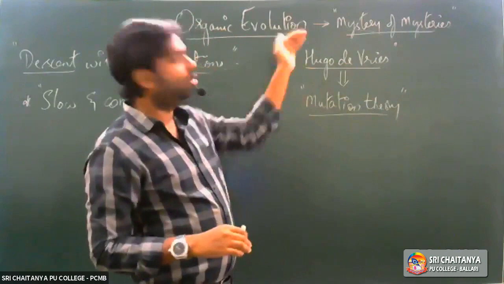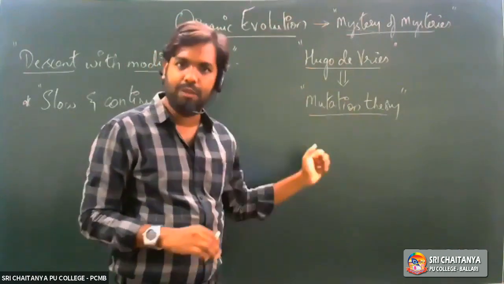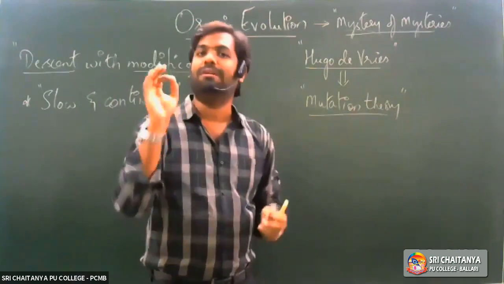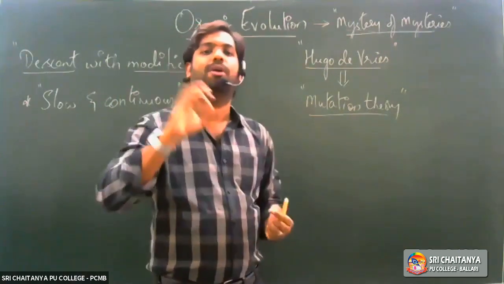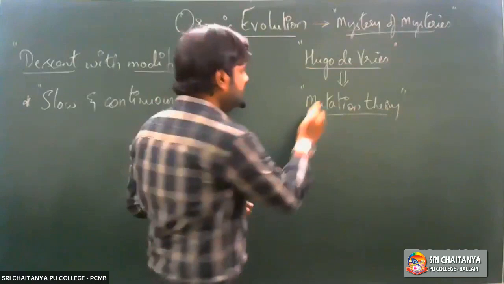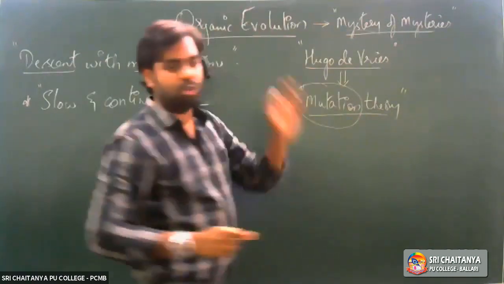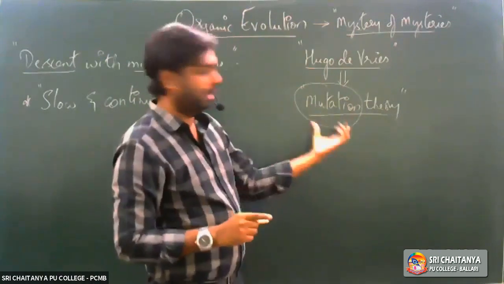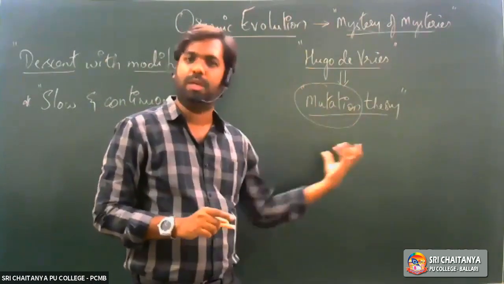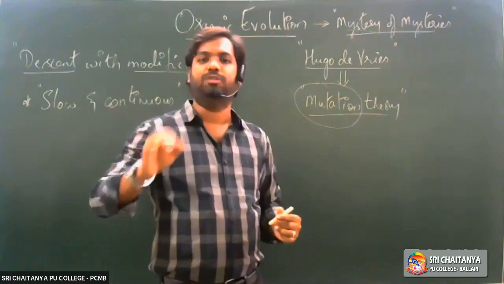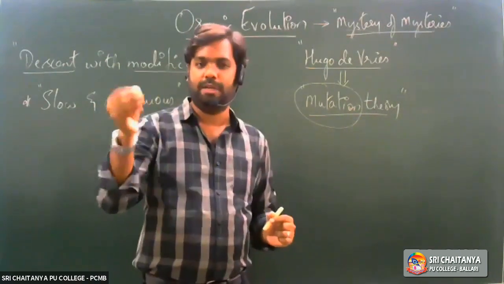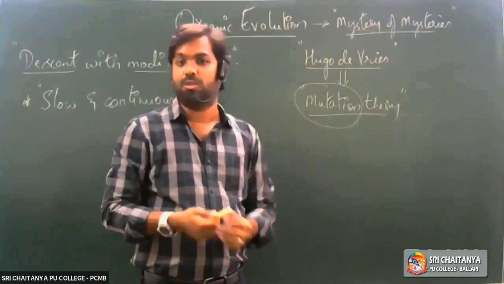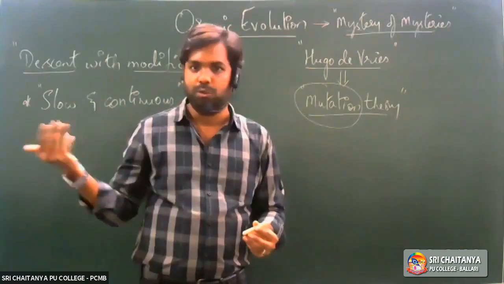What Hugo de Vries said is that the major driving force for evolution is mutation. So what is mutation? Any sudden change that occurs in the genetic makeup of an organism we call mutation, and we have also studied several types of mutations.